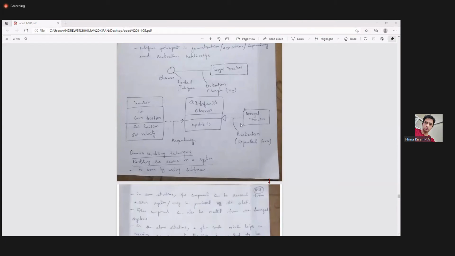A realization relationship will be used between two classifiers where the first classifier ensures a contract with the second classifier to carry out the work. Normally, it is used between a collaboration and a use case. In the place of collaboration, if I say a manufacturing department, this is the example which I have been saying from the first unit onwards.